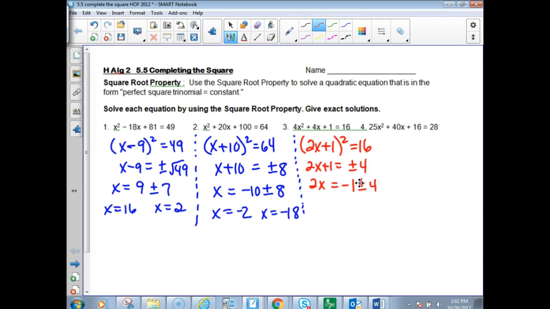Negative 1 plus or minus 4. And then we're going to have to divide that by 2. Okay, so I'm going to do that in my head. Negative 1 plus 4 would be 3. So one of the answers is 3/2. Negative 1 minus 4 would be negative 5, and divide that by 2 would be negative 5/2.